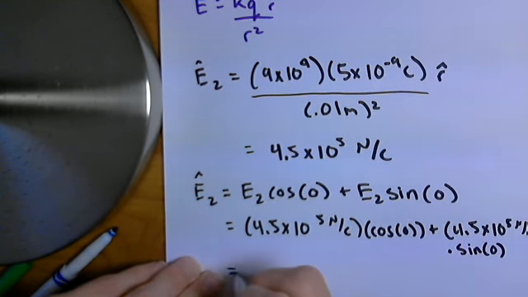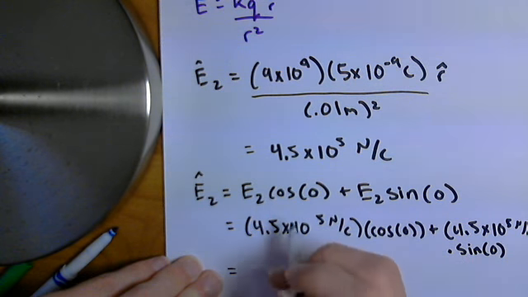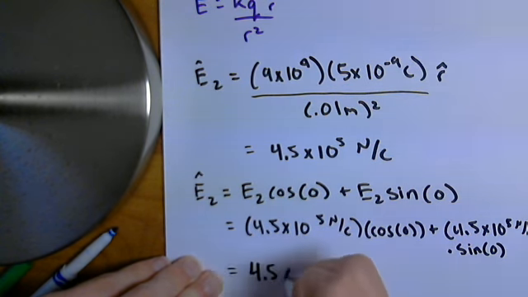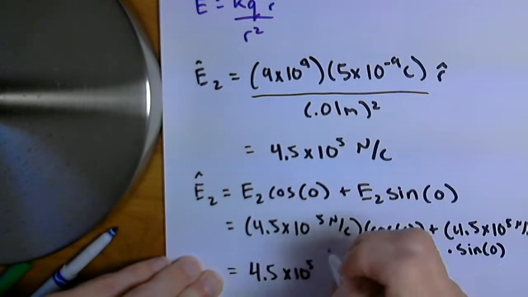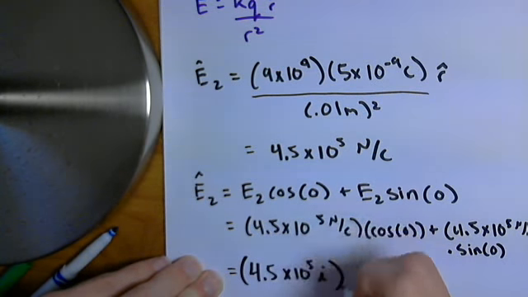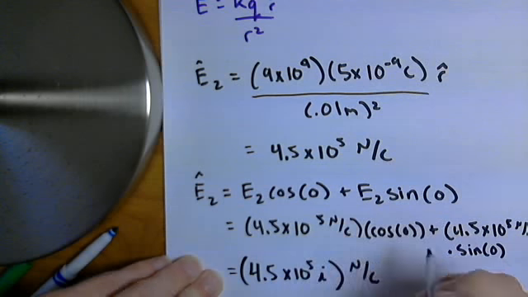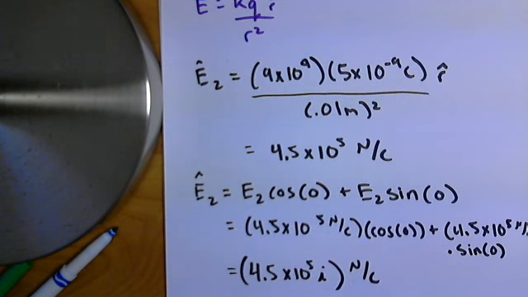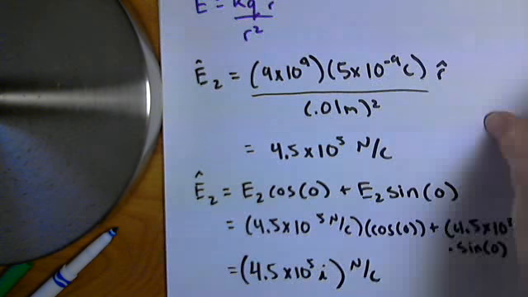Since the second term cancels out, we get 4.5 times 10 to the 5th i, and that's the component form for the second electric field.